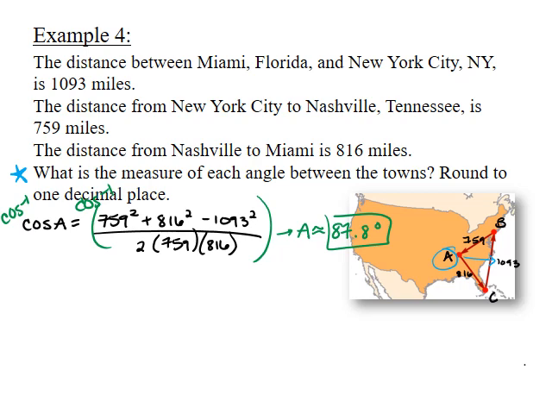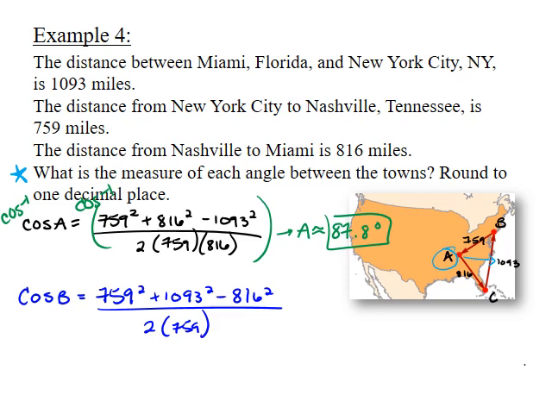Okay, now either angle's fine, it doesn't matter which one. Typically, I was showing you the use of law of sines. I'll just show you using law of cosines, and I'll find angle B. So in this case, cosine of B is equal to 759 squared plus 1093 squared minus 816 squared all over 2 times 759 times 1093.